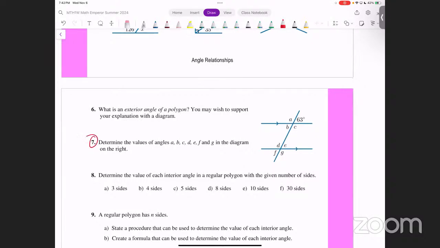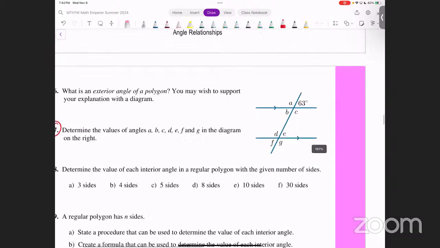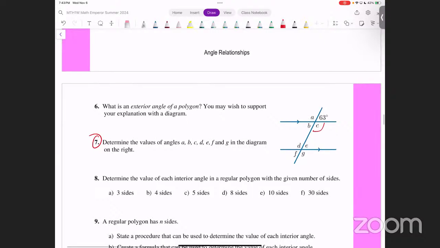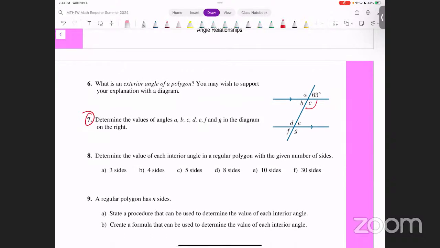Number 7. How big is the angle C going to be, Nishal? You learned it at school, right? Hi, Nishal. Okay, Nishal is quiet.